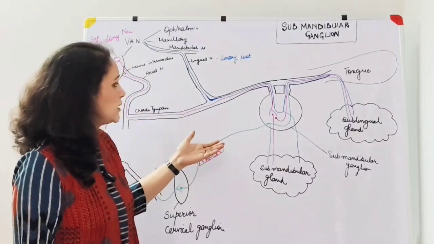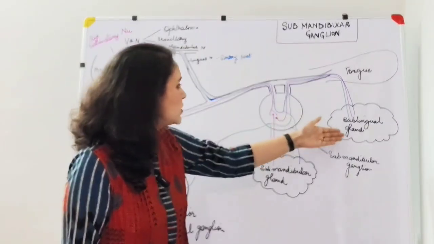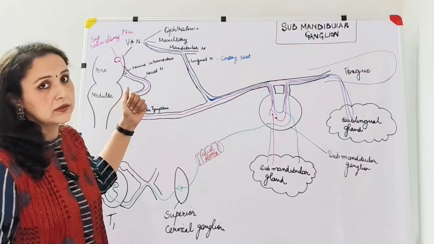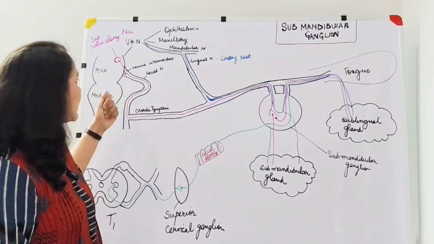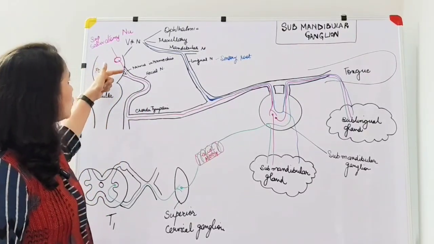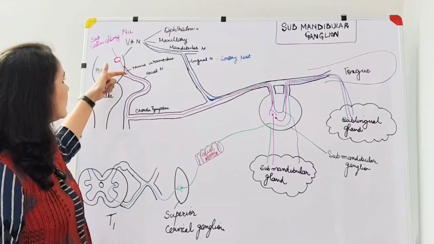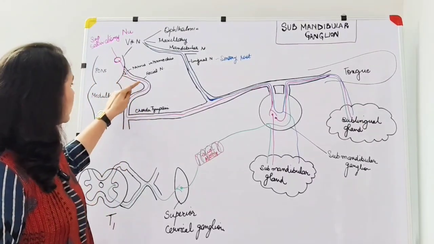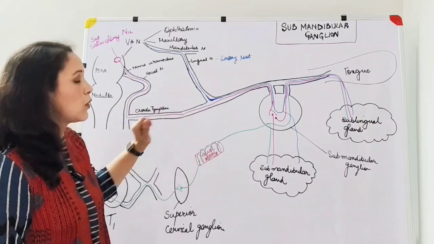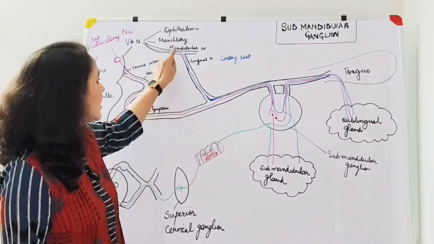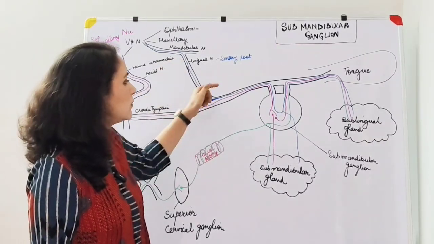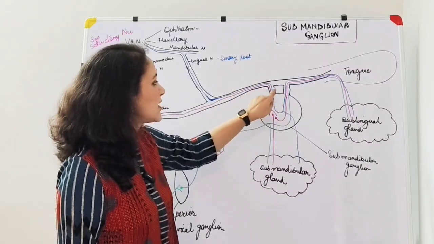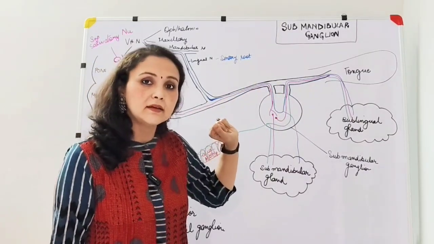Then various questions related to it, like which glands it is supplying, and from which nucleus the preganglionic root comes. You have the superior salivatory nucleus, through which root of the facial nerve, it is the sensory root known as the nervus intermedius, through which branch of the facial nerve, the chorda tympani. Chorda tympani is joined by the lingual nerve, and the lingual nerve is the nerve that is suspending it by two roots, the posterior and anterior.